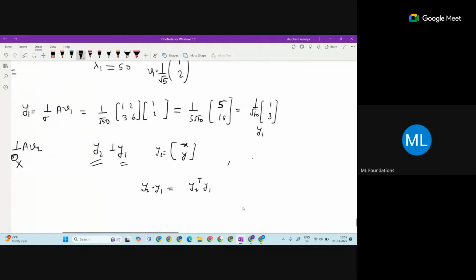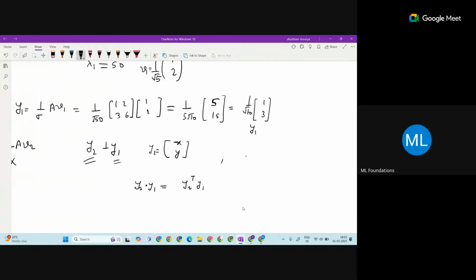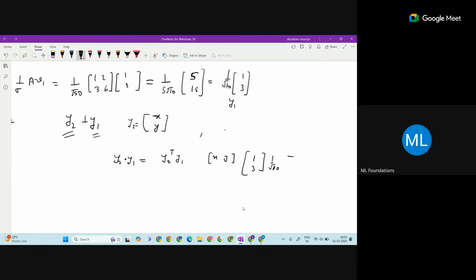So y2 transpose is x and y, and y1 is 1 and 3, with 1 upon root 10, and this is equal to 0.